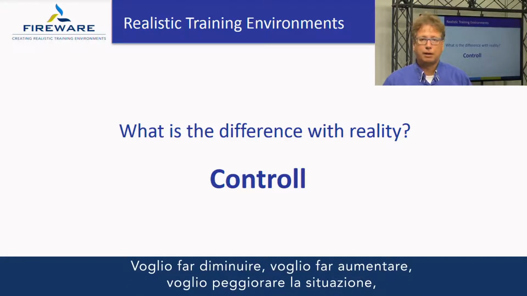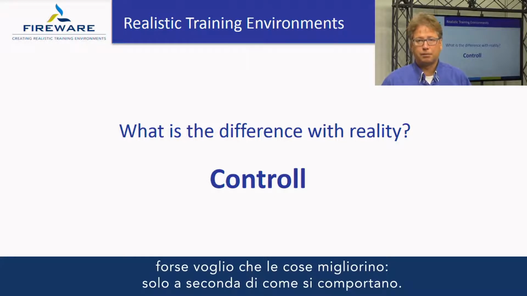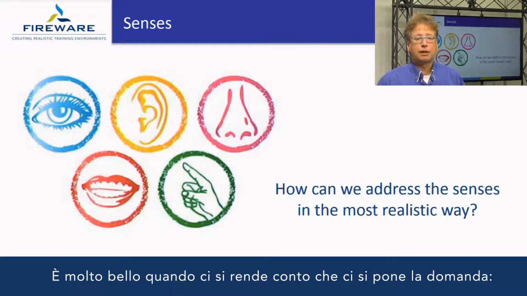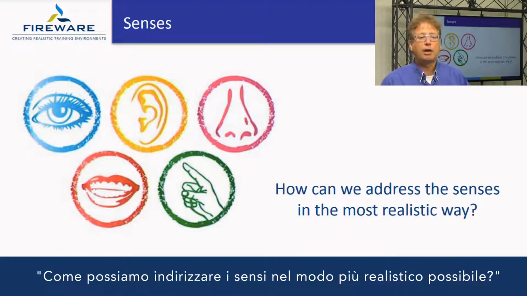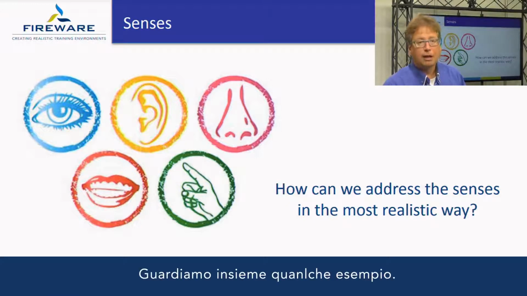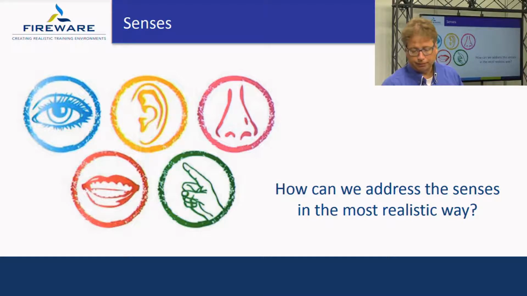I want to make things decrease, I want to make things increase, I want to make things worse, I want to make things better, just depending on how they act. It's very good to realize that and ask yourself the question, how can we address these senses in the most realistic way? Let us have a look at some examples.